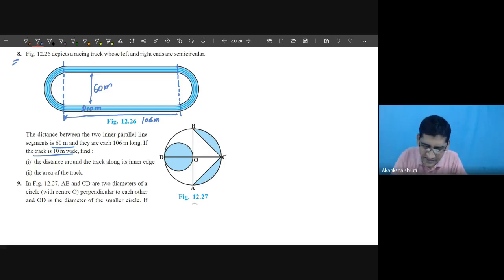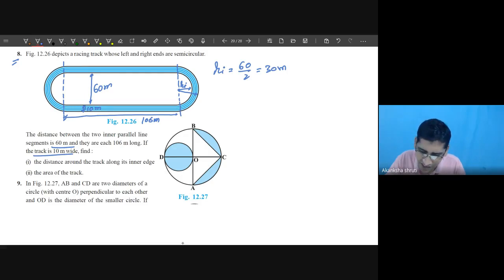With this 60 meter, what we can get is the radius for the inner one. So Ri is how much? 60 by 2 is 30 meter. But how to get R outer? In this radius, the entire 10 has to be added.